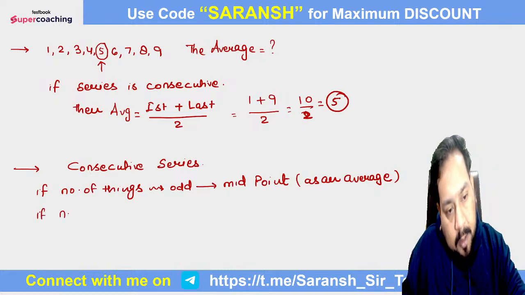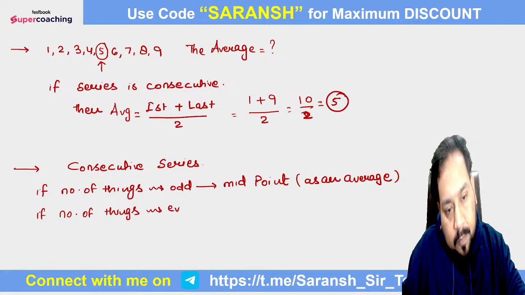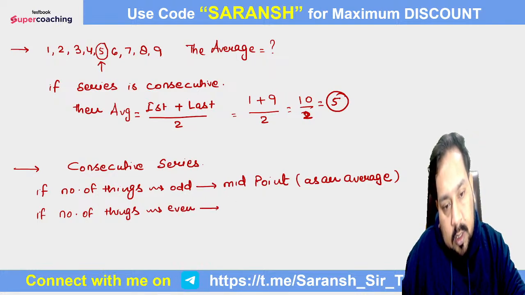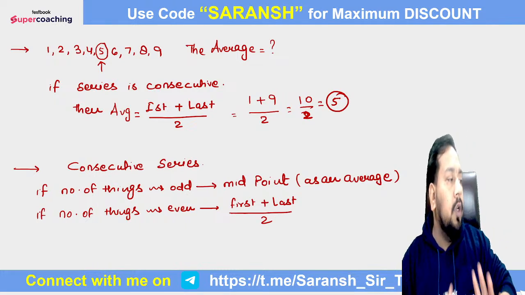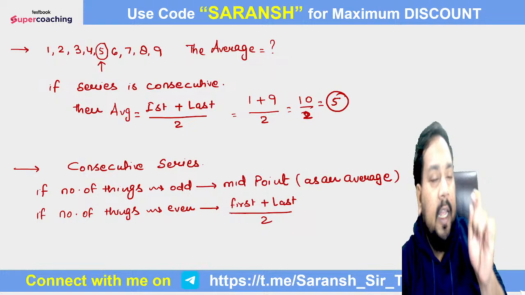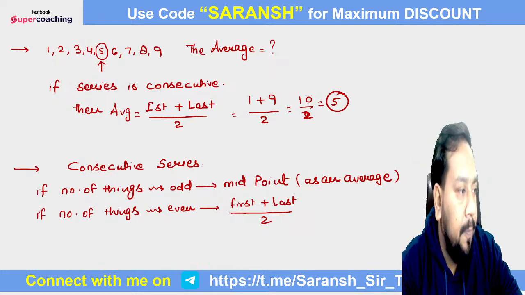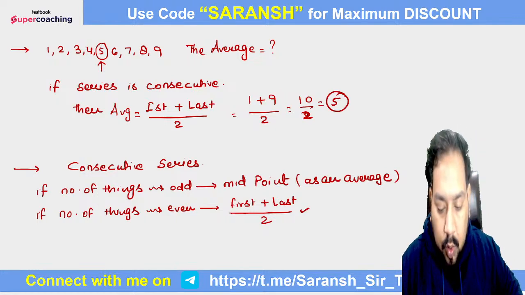If the number of things is even, just do first plus last upon 2. Guys, if things are even, the midpoint is also an average, but to calculate the particular value, we need to solve like this.